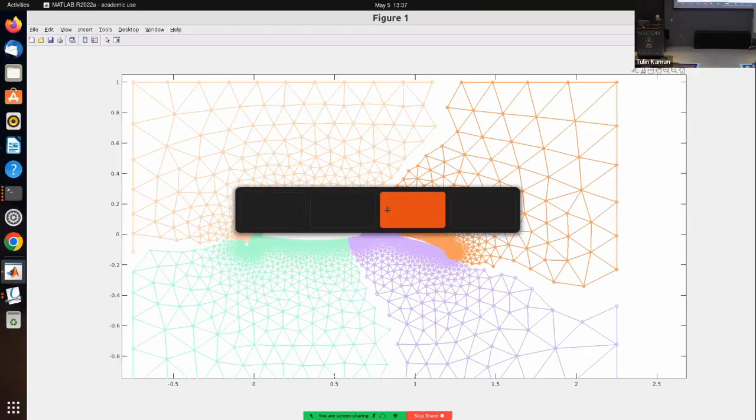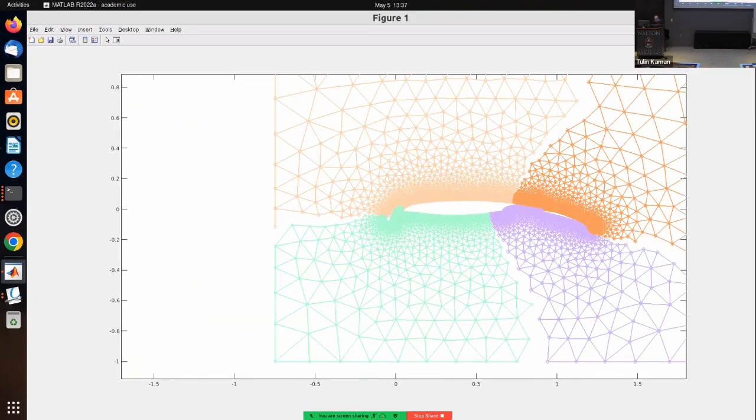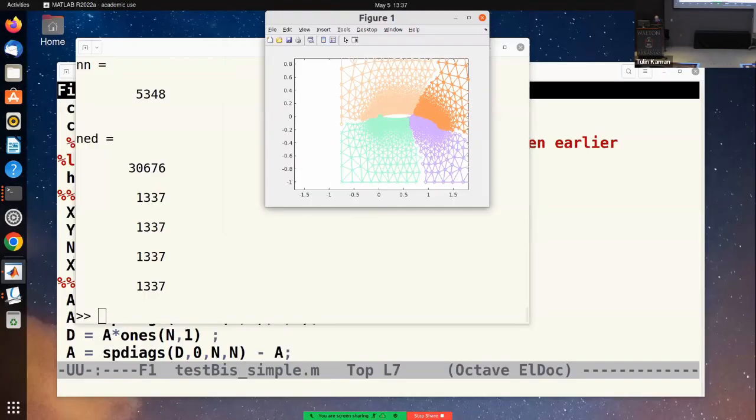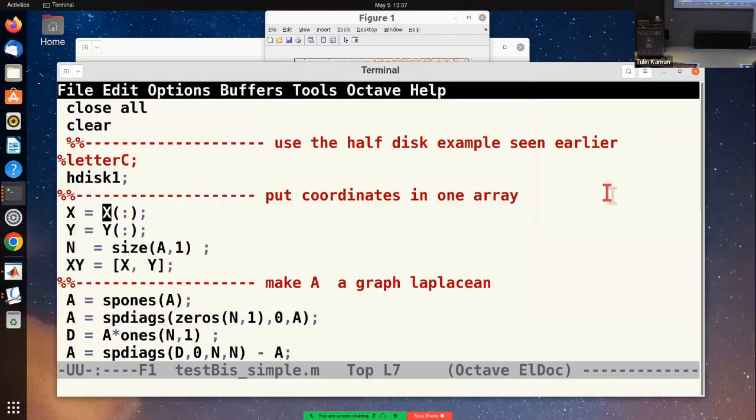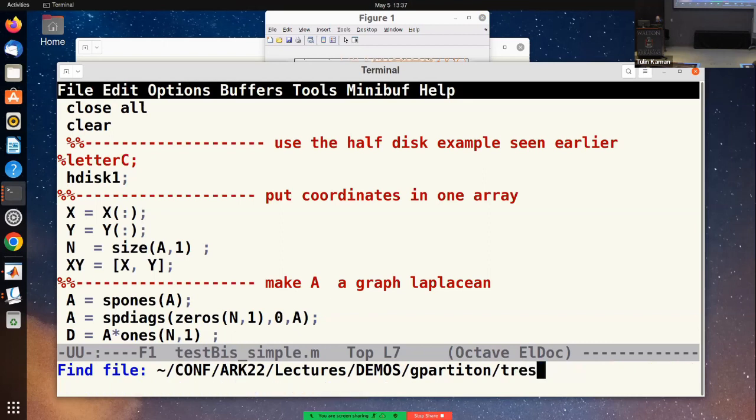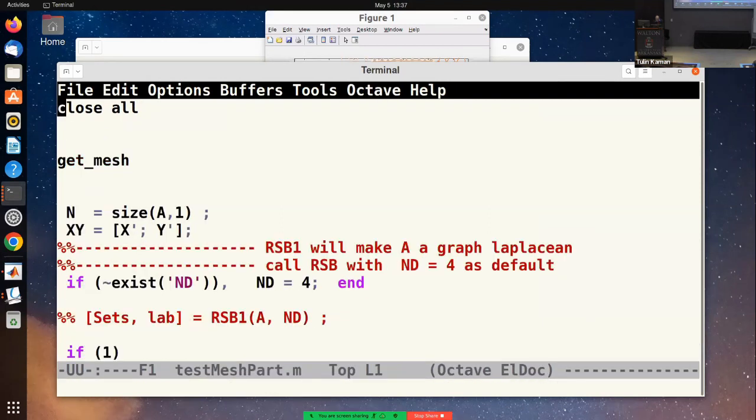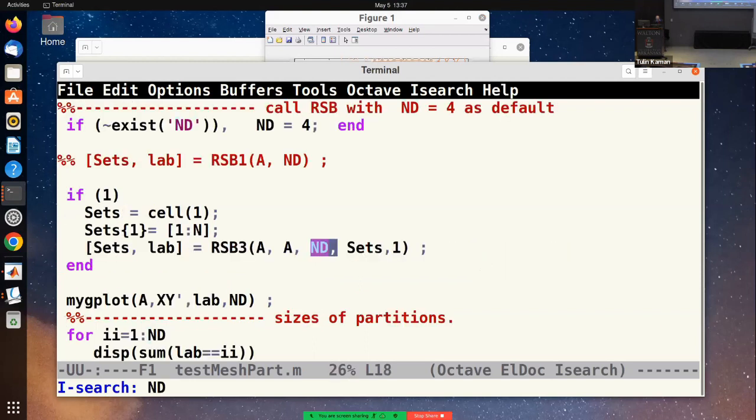Let's see if I can do that here. Let's see, I think it's in test mesh. Right, now I give the number of domains, it's called ND. ND is the number of partitions.